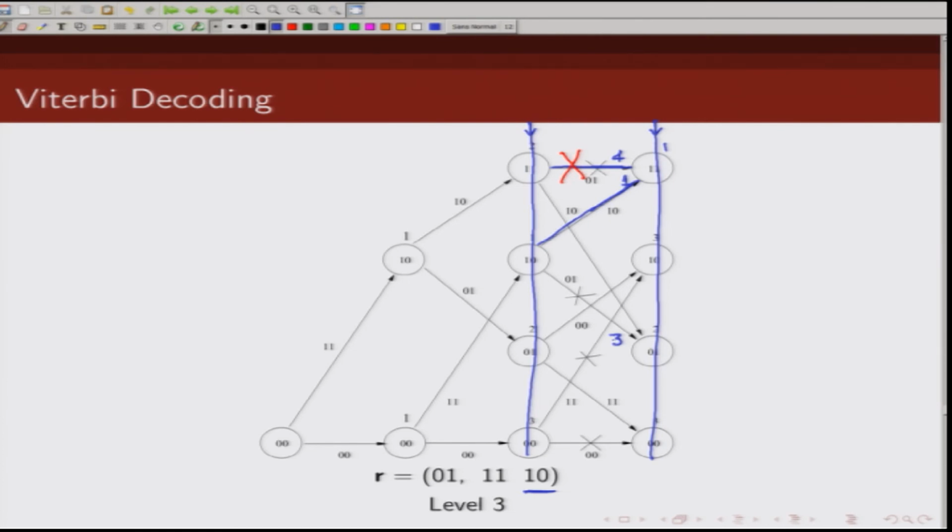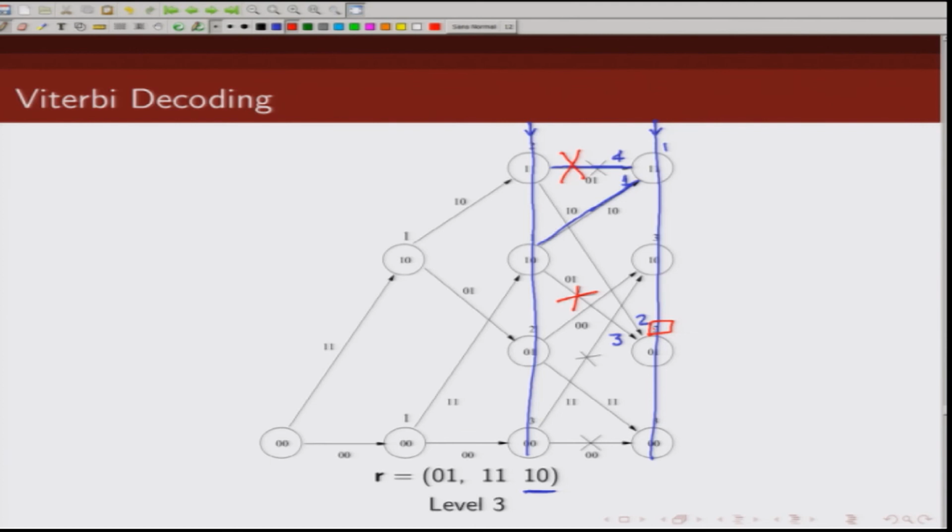This is 2 and this is 1 0, 1 0, Hamming distance is 0. So, 2 plus 0 will give me partial path metric of 2. Now, clearly this is not the best path metric. So, I will keep this surviving branch and corresponding path metric, which is basically given by 2.